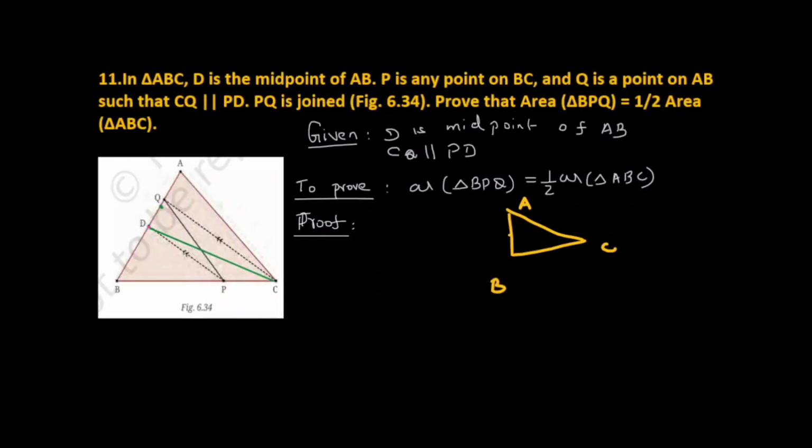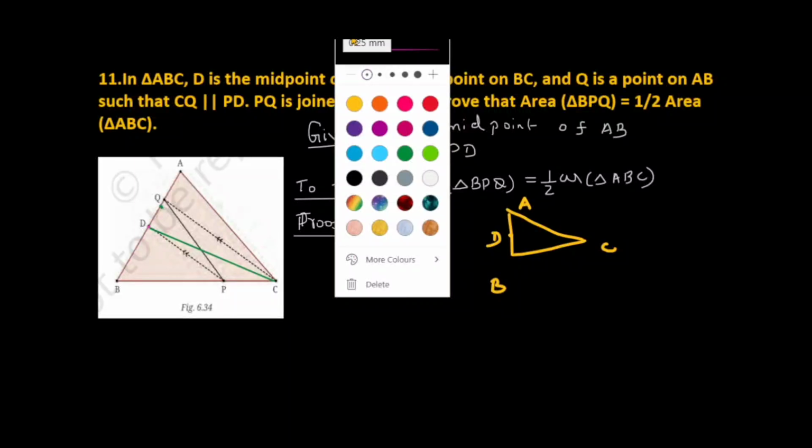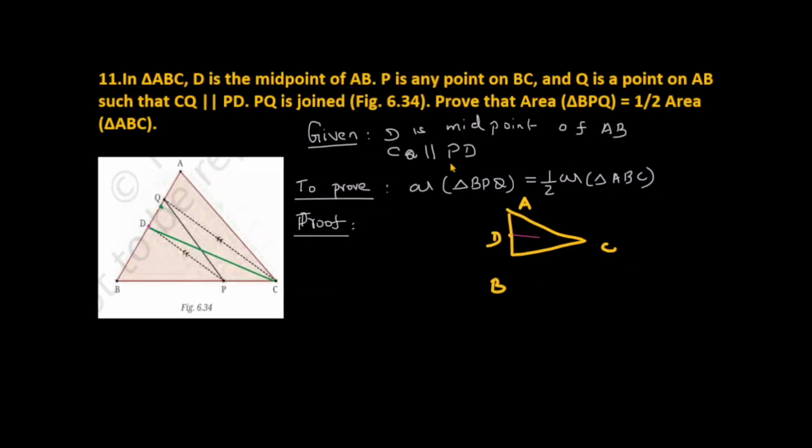Here D is a point. When we are joining that, we are getting the median. CD is a median, which means ABC is divided into two equal triangles.